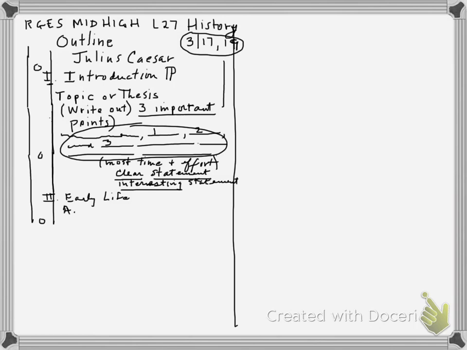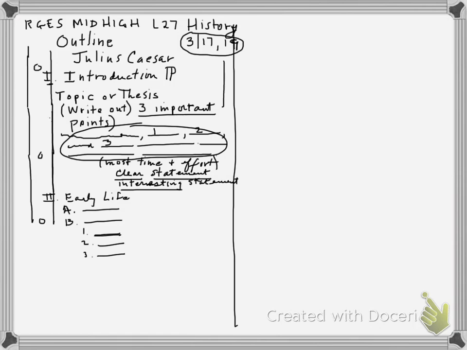And so you put point A, where he was born. Maybe B, a second point, is his education. Maybe you found that he went to 3 different schools. So you're now going to put the name of those schools, and talk maybe about what he learned in each of those schools. So notice you go from Roman numeral to capital A, B, C, however many major points, depending on how many cards you have, to 1, 2, 3.